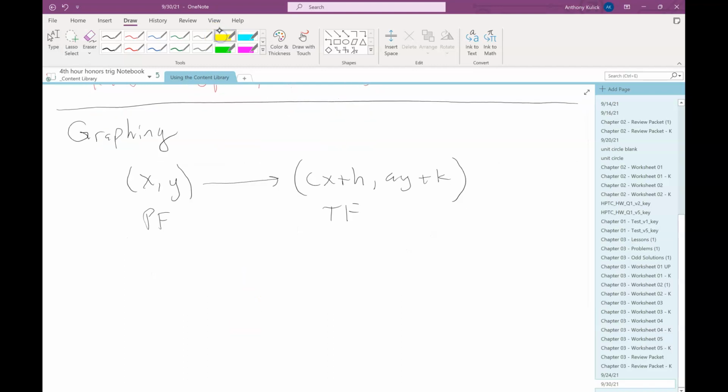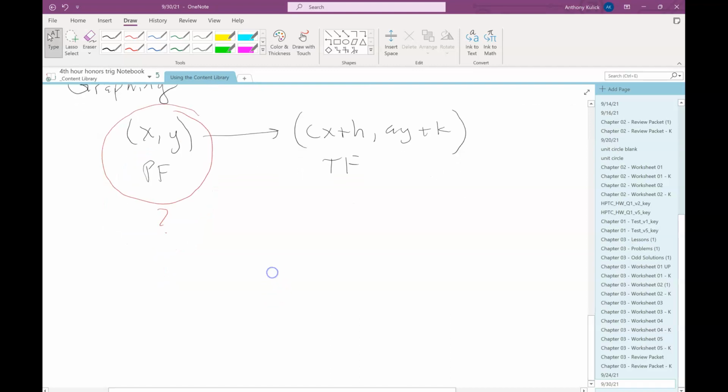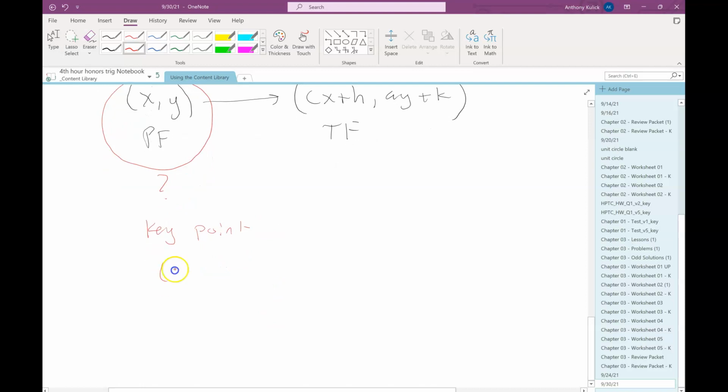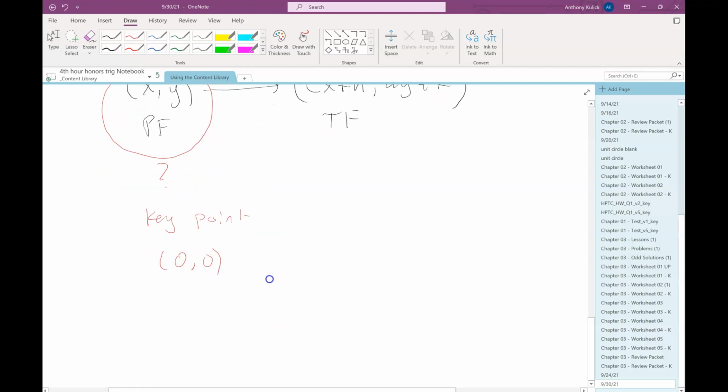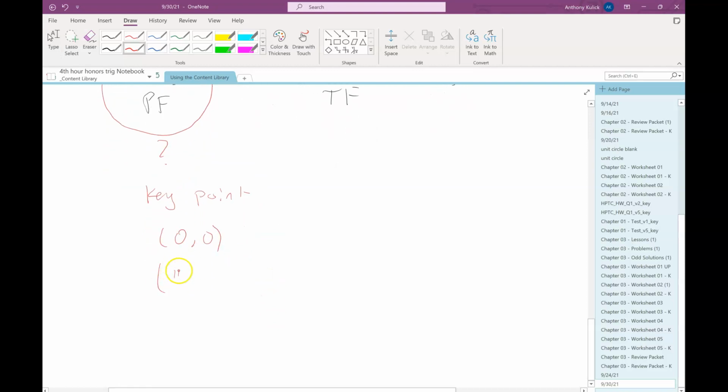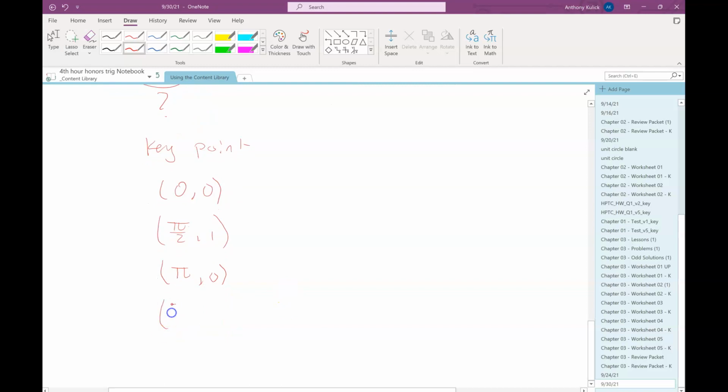So the question becomes, what points from the parent function are we going to be using? Well, there's going to be 5 key points from sine, or 5 key points from cosine, that we're going to use every single time. These, I promise you, you will never have to memorize. I would always give these to you. But when you're a crusty old math teacher, you've memorized them all already because you've done this hundreds of times.